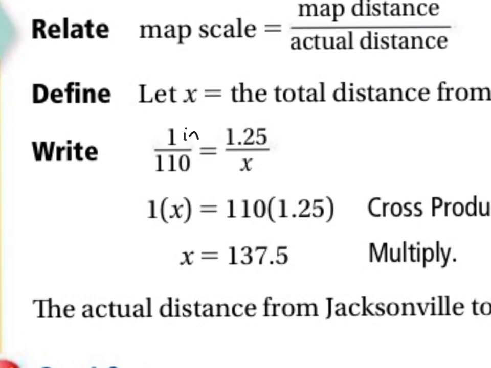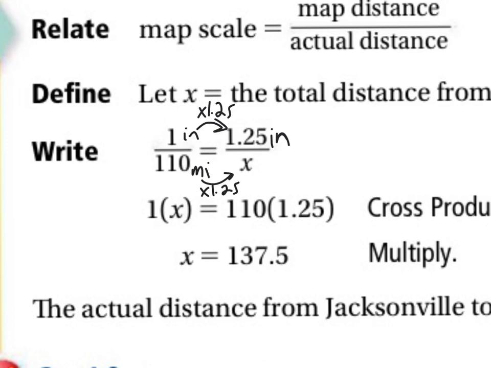So 1 inch is 110 miles. We have 1.25 inches is equal to something. I like to put the units so I make sure I'm putting stuff in the right spots. The good thing about these is usually when they give you a scale, it's like 1 inch equals this, or 1 centimeter equals this. If there's a 1, I have a pattern every time. So no way I'm gonna mess with cross multiplying.